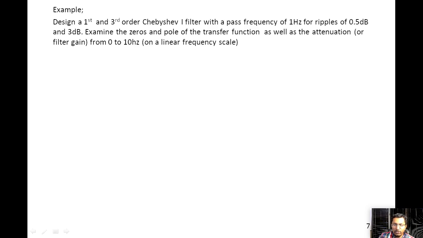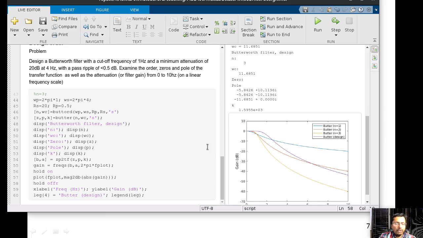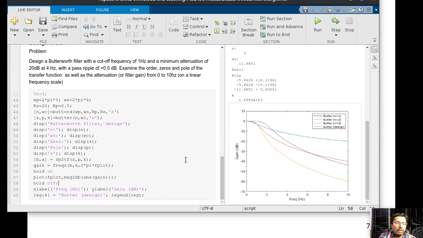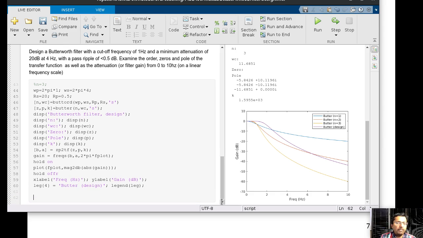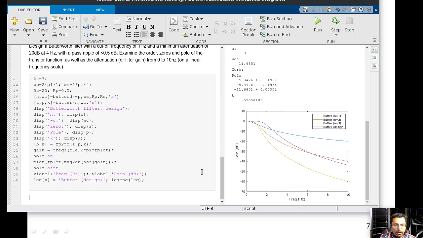So what we're going to do is do something similar. We're going to create a new filter design, or we can actually create another section over here. Maybe I can just create everything in the same file so it makes it easier. So we'll call this Chebyshev type 1.